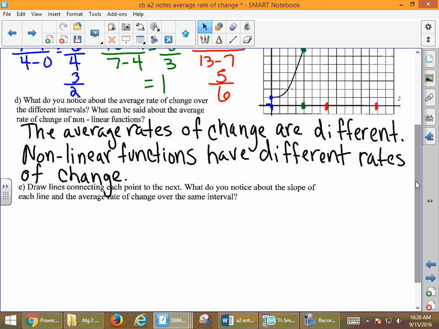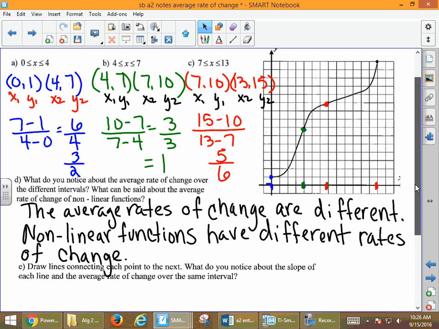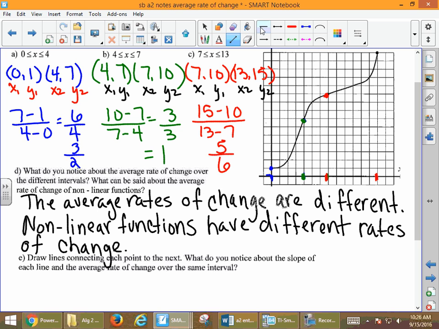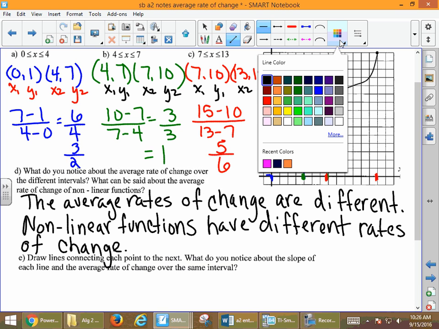So it says draw lines connecting each point to the next. You may or may not want to do this in yours, just because you don't necessarily have a straight edge with you. So what I'm going to do is use my straight edge button here the best I can. My first color was this blue.